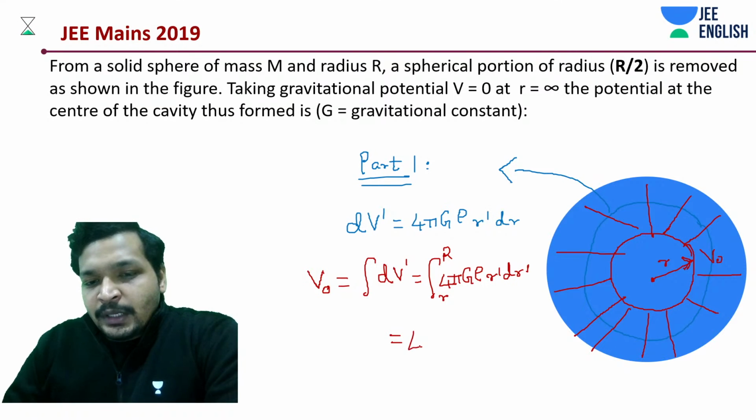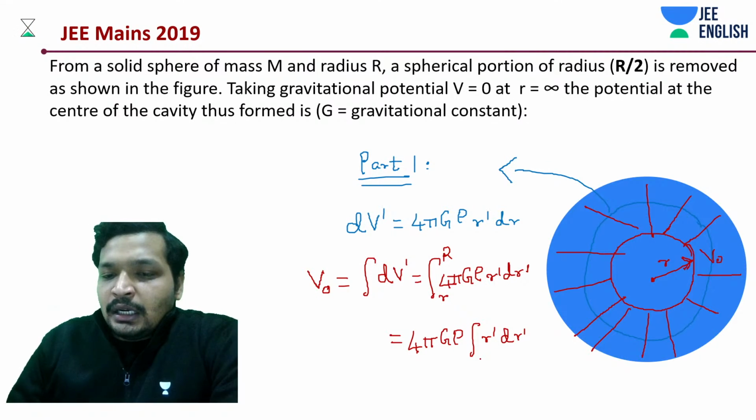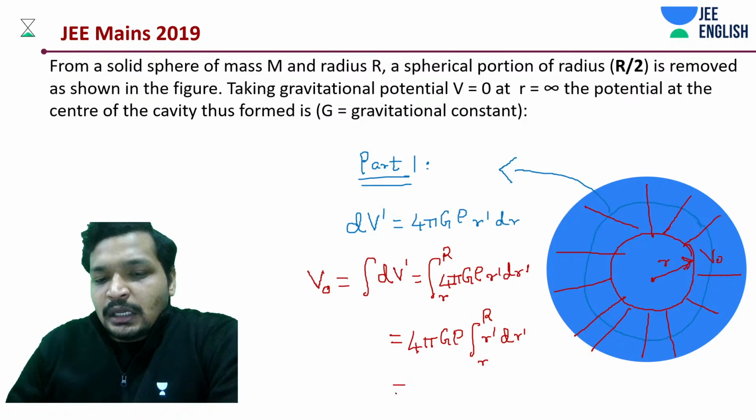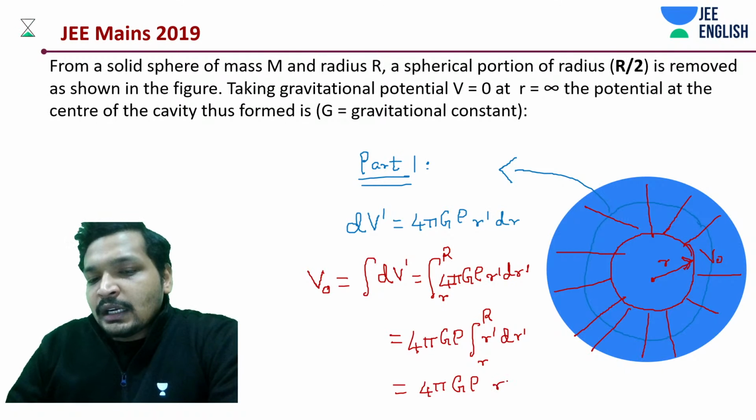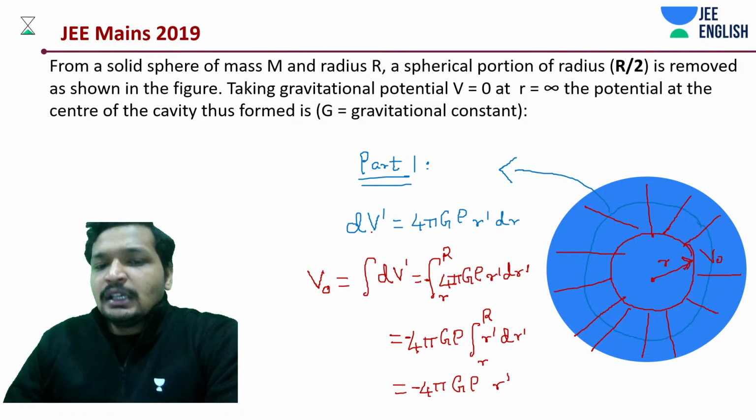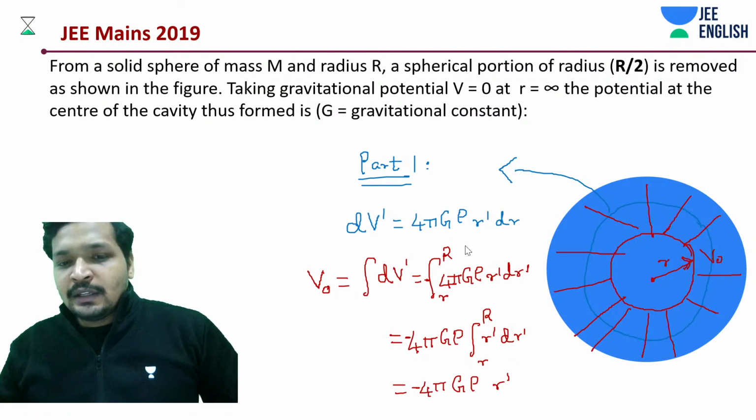This comes out to be 4 pi G rho, integration of r dash dr dash from small r to capital R, and this would become 4 pi G rho times r dash square. This is all easy. Do not forget the minus sign, because potential is going to be negative.